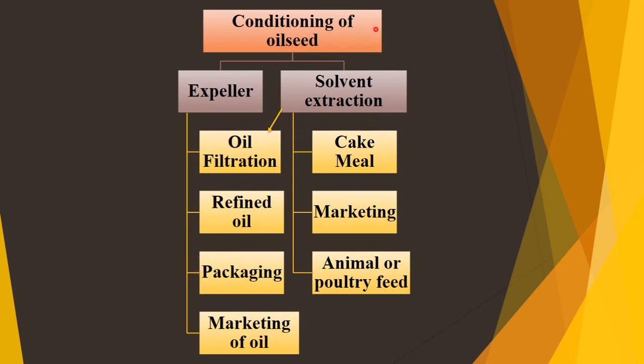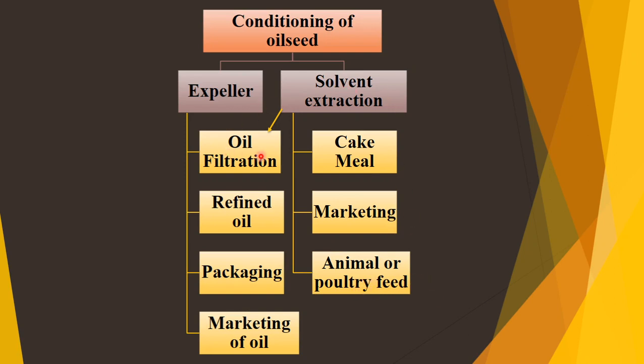While the solvent extraction method gives oil as well as cake meal, in which this cake meal is mixed with other food material in order to increase the protein content of that whole product. They are marketed and generally used for animal or poultry feed.